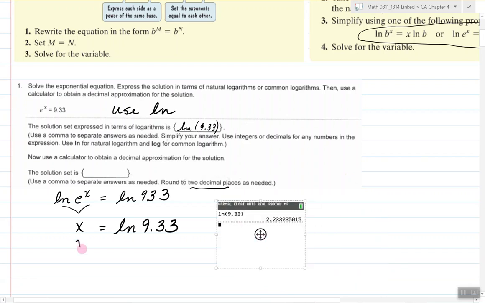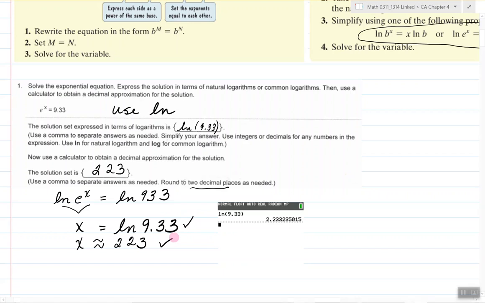And my answer, x, is approximately 2.23. So here it will be 2.23. So I write this answer, it's in log form, and I write this answer, which is a decimal approximation.